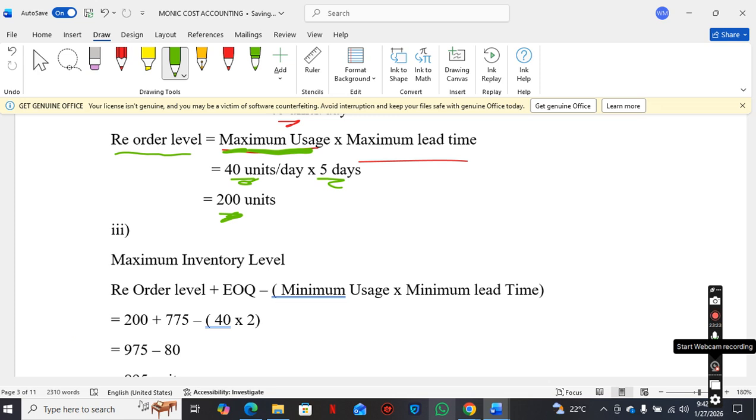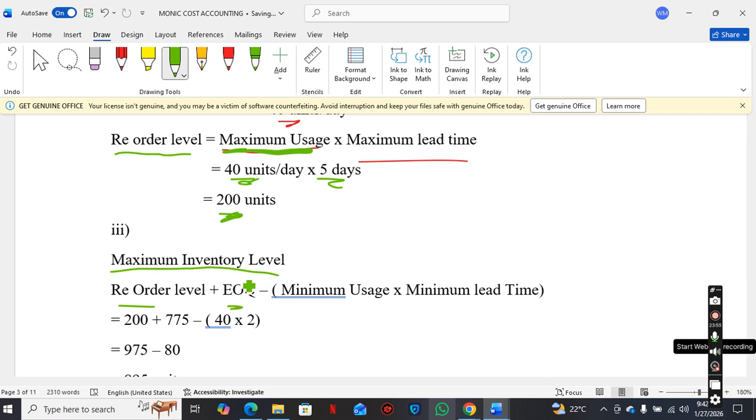Maximum inventory level. Okay, this is the maximum amount you should have. Okay, you don't want to go above this because now you have inventory that might get destroyed, might get bad, or it might just sit there doing nothing. Okay, so it's the reorder level plus the order quantity.